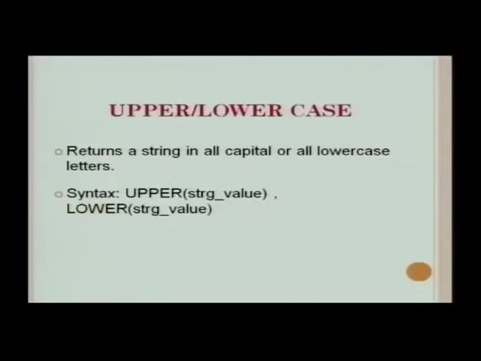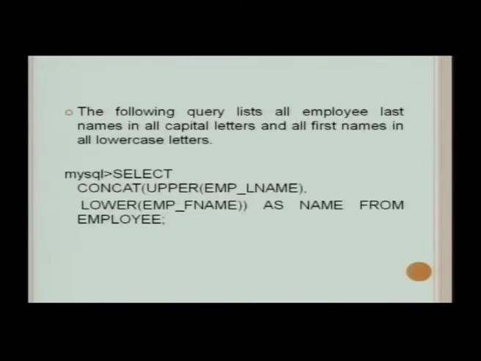Then comes the change from uppercase to lowercase or lowercase to uppercase. We have to place the string within the brackets of upper or within the brackets of lower, so that the string will be converted to uppercase or lowercase. Suppose you want the list of all employee names with the last name in capital letters and the first names in all lowercase letters.